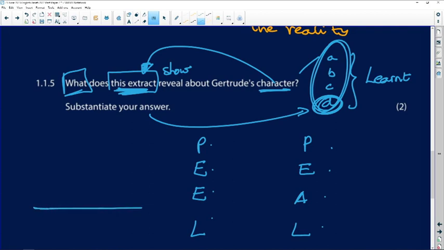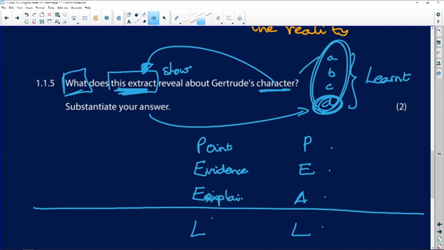So for first additional language, there's been a general consensus, a group idea, that we can let the L side go. But if you use this formula, you will find that your answers will be so much better structured, and you will get your marks.